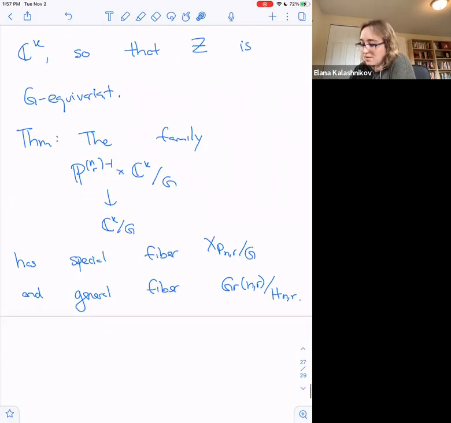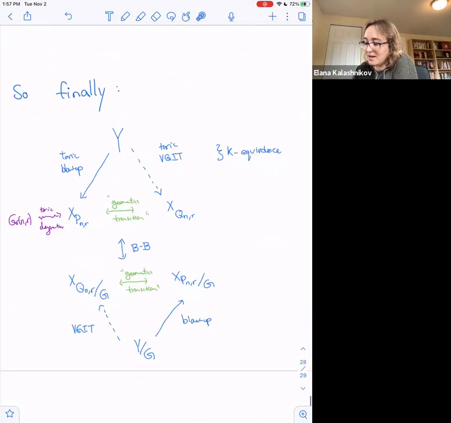So finally, what we get is that we have this picture again, which I talked about, where we have everything we talked about before, and now we can add that there's a toric degeneration of G_NR mod H_NR to X_PNR mod G. So to summarize, if you take the Grassmannian or the anticanonical Calabi-Yau Grassmannian, you take a toric degeneration, and then you take a geometric transition, you apply mirror symmetry, and you undegenerate, you get G_NR mod H_NR.